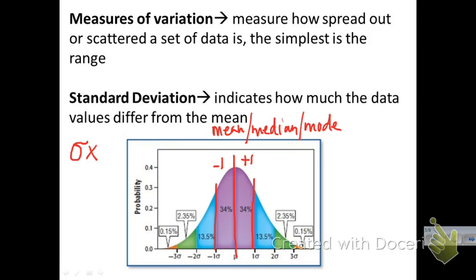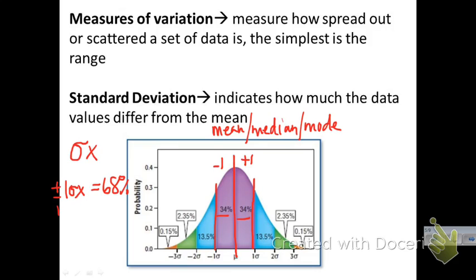And then we start talking about the percentage of data that lies within 1 standard deviation. And we usually will say plus or minus 1 standard deviation. We say that here, if you notice this 34 and this 34, they add to give you 68% of the data will lie within 1 standard deviation away from the mean.